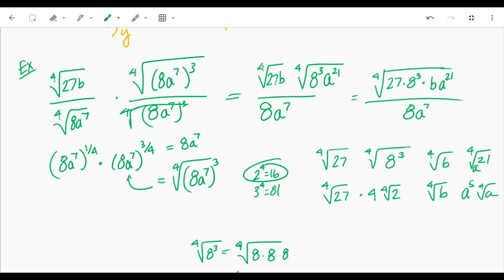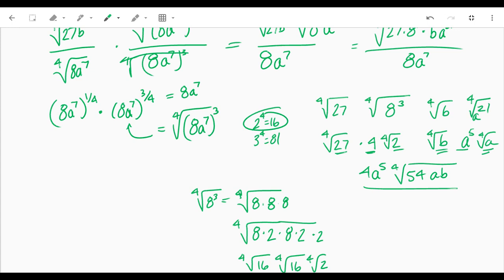So that's how my numerator breaks down. Then I take everything that came out, my 4a to the 5th, and leave everything that's left under the fourth root: 27 and 2, so that's 54, an a and a b. And that's all over 8a to the 7th.